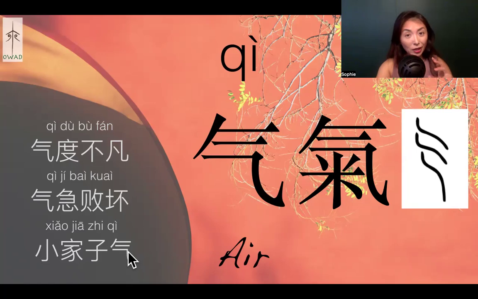So here 小家子气 actually goes negative. So instead of 不凡 extraordinary, here we're talking about 小家子 because the majority of us come from small, regular homes. And we're basically homies, right?